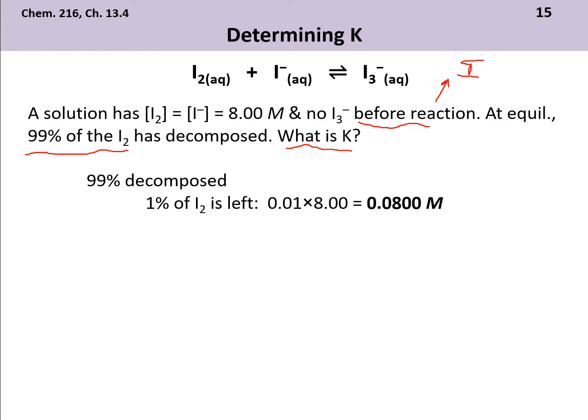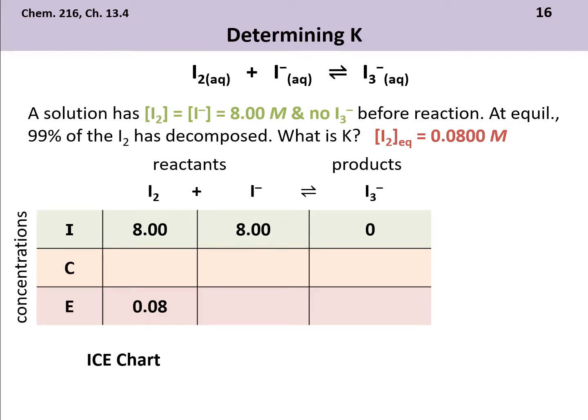All right, so what we're going to do is fill out an ICE chart. In ICE charts, we put the reaction at the top. So I have I2 plus I minus going to I3 minus. A lot of times when I draw this out, I like to make sure I differentiate between reactants and products.